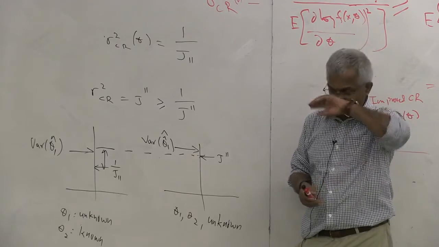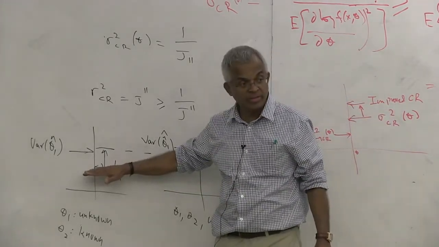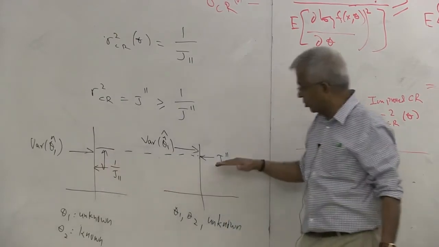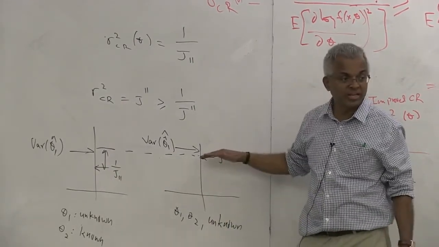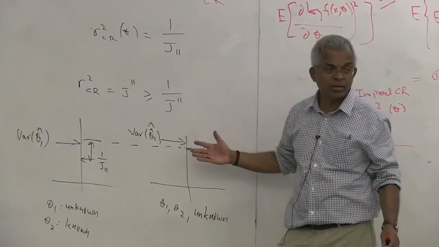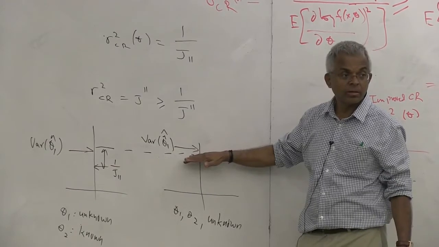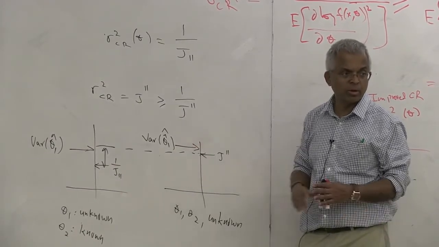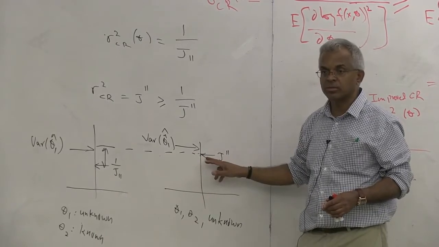I see the source of confusion, so I hope everybody understands this. Bound is here in one case, right? We also showed that when there are more unknowns, the bound increases, okay? What does that mean? Whatever is the best variance can only come up to here, right? That's what we mean by a bound. This variance is going to be greater than or equal to this number.